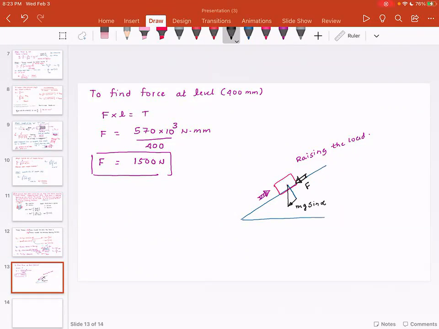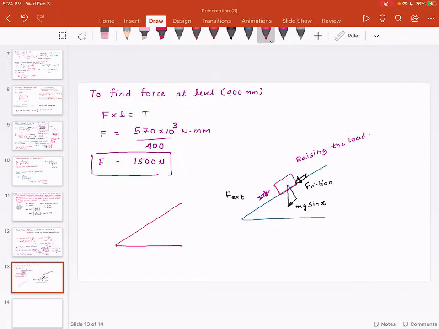So the force needed to raise the load is the addition of frictional force and the component of the self weight.